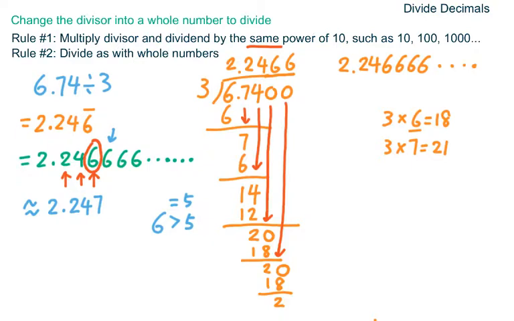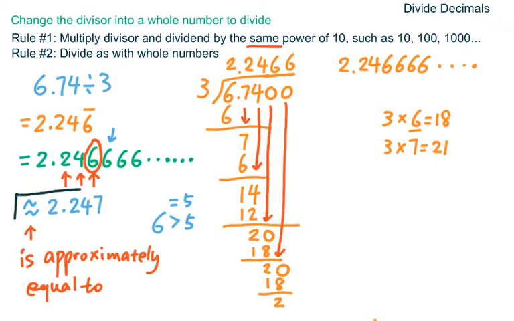And if you see this symbol, it basically means is approximately equal to. So whenever you're writing an estimated number as your final answer, you want to use this squiggly equal sign to show your final answer.